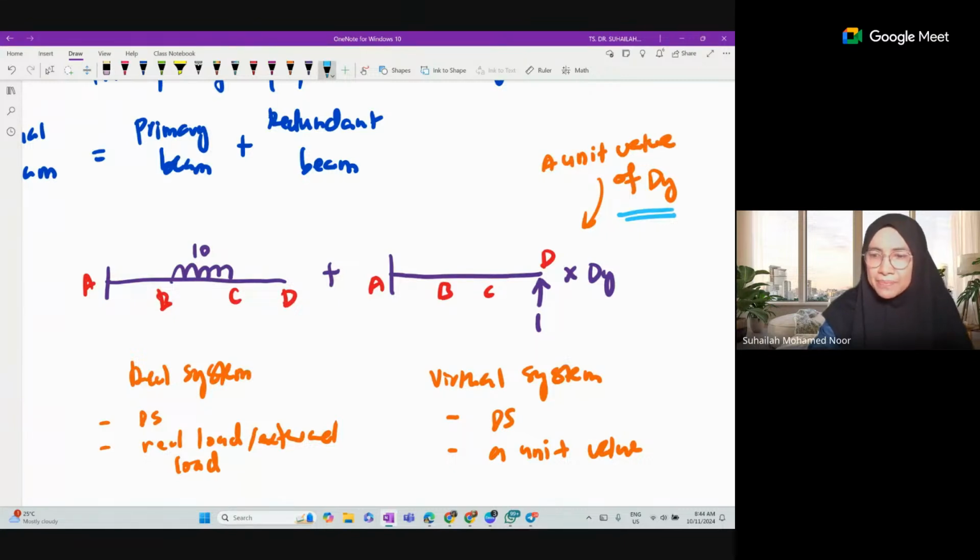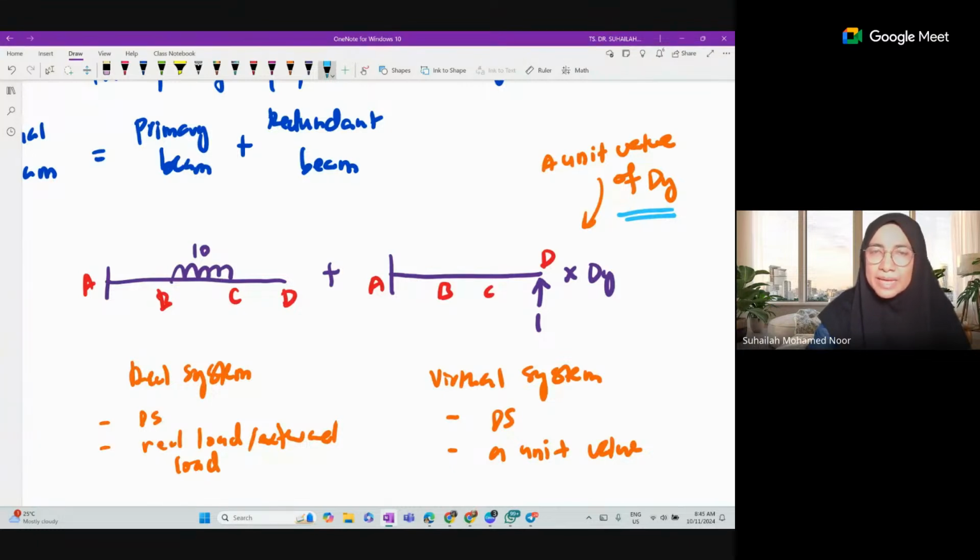This means that for the analysis, we will analyze two systems: one is the primary beam, and the other is the redundant beam. So we analyze two systems for one redundant. Two redundants, we will have three systems. We focus on one redundant so that this comparison helps you understand the superposition method or flexibility method.